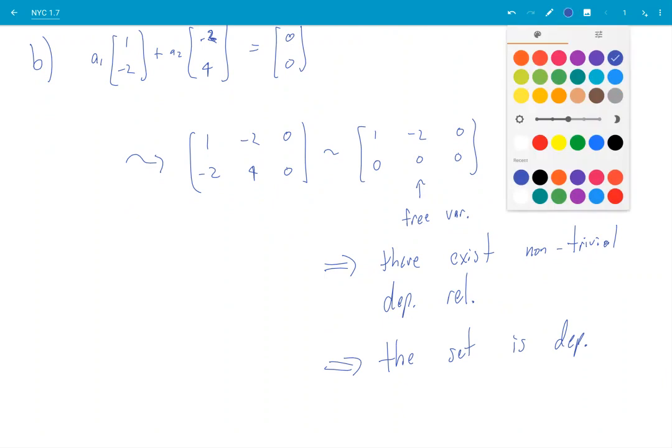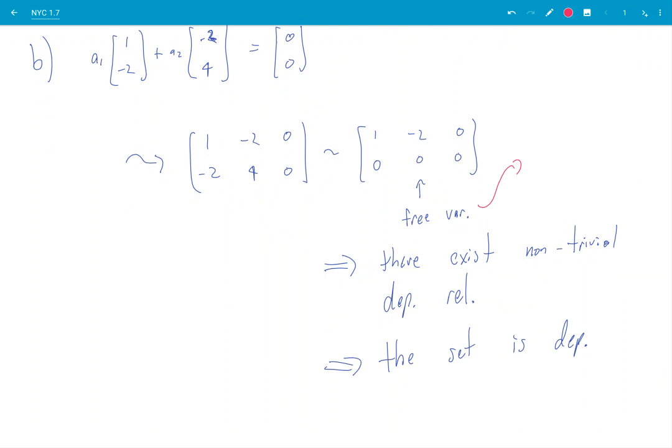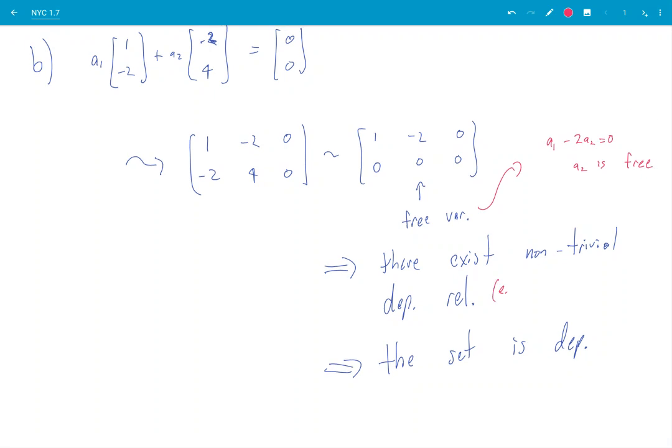This free variable here, what it says is A1 minus 2 A2 is 0. A2 is free. So I have an infinity of solutions here. I could take this solution, for example, A1 is equal to 2, A2 is equal to 1.